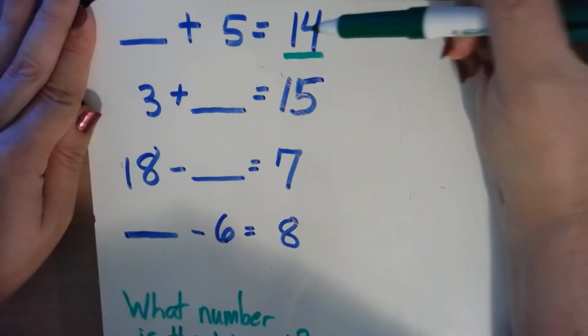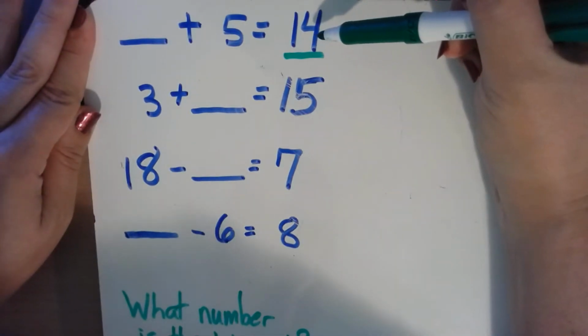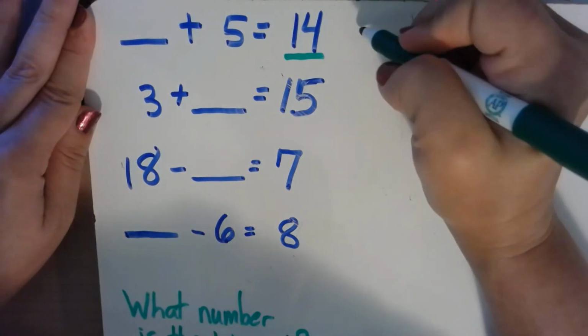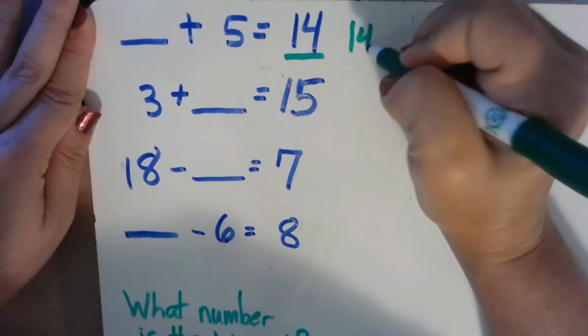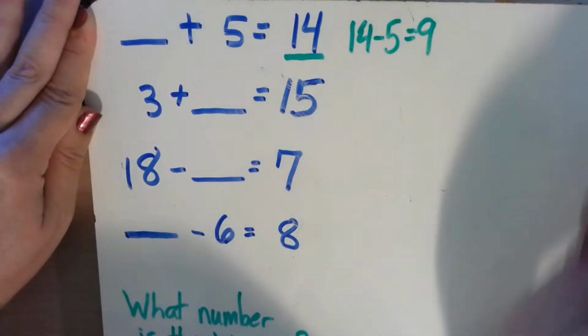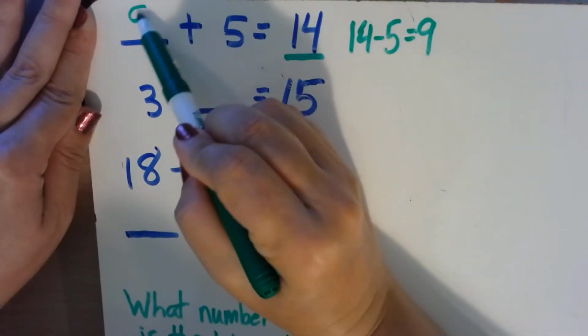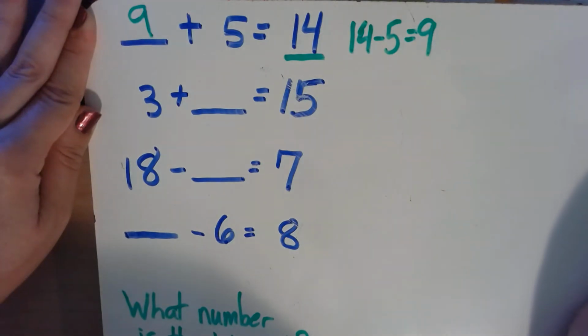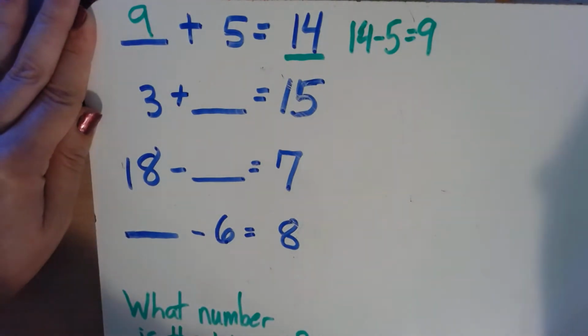So if you already know your bigger number, you're going to have to subtract. So here I would do 14 take away 5 equals 9. So I know that 9 plus 5 is 14. So if you know your biggest number, you have to subtract to get a smaller number. Does that make sense to you?